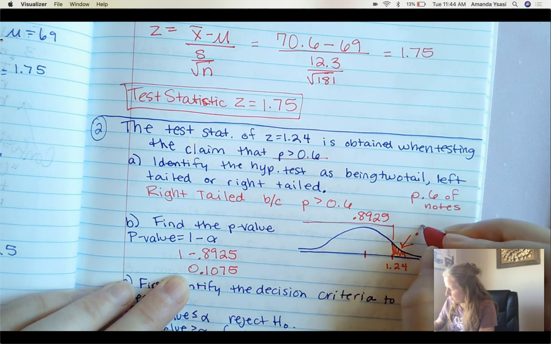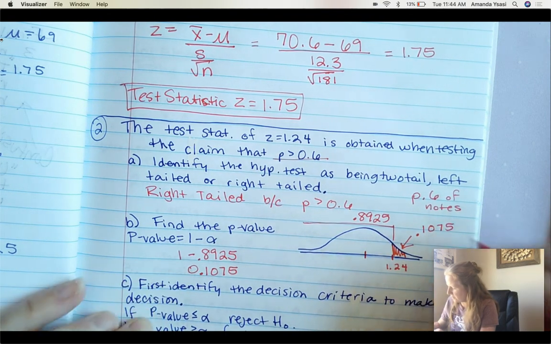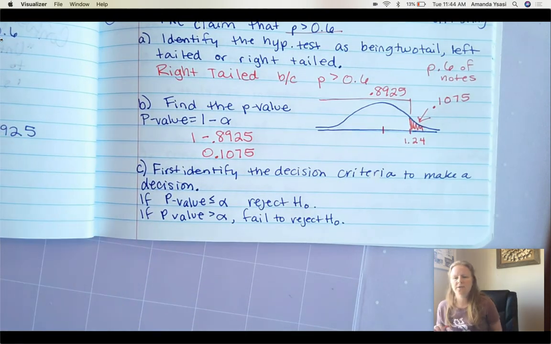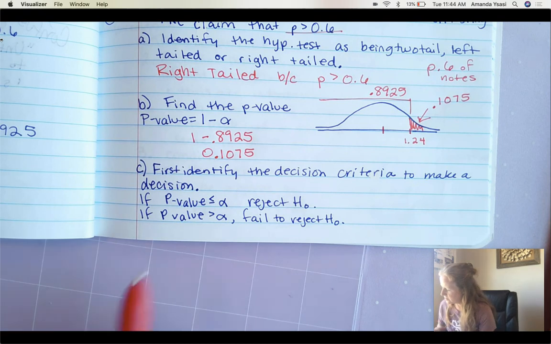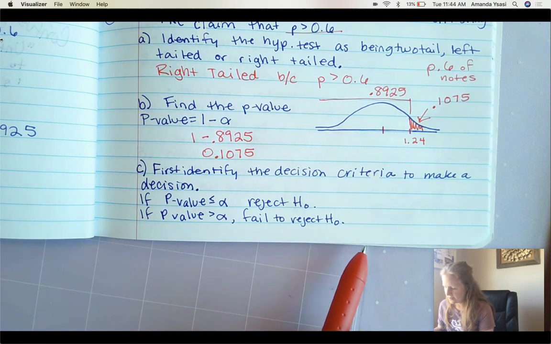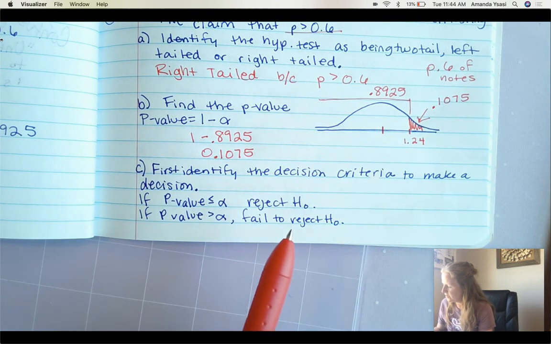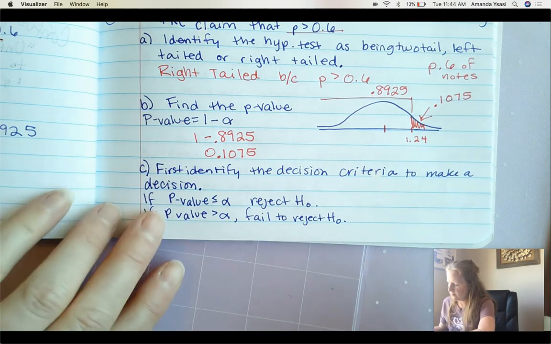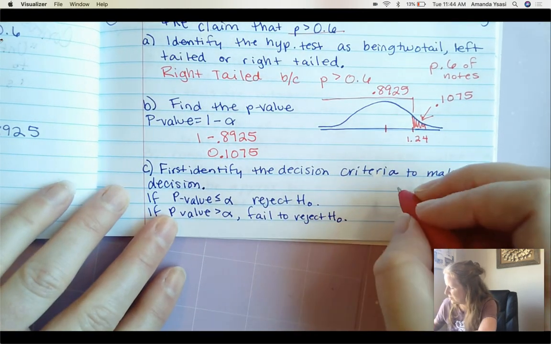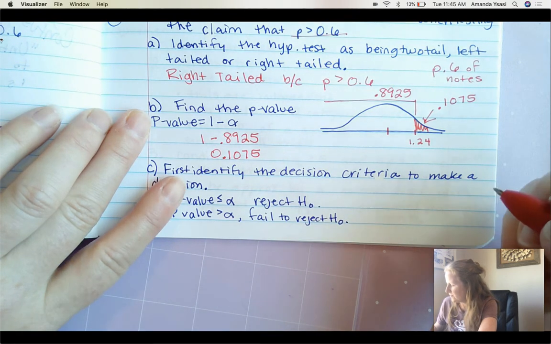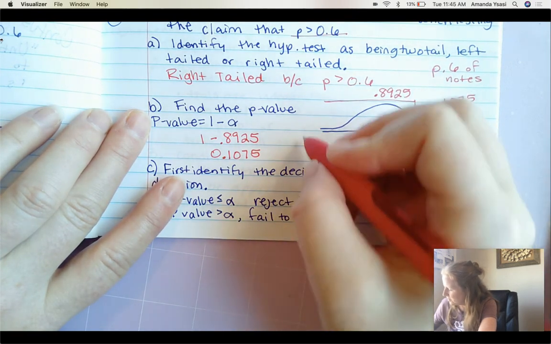So 0.1075. And then identify the decision criterion to make a decision. Are we going to reject or fail to reject? So if we are using our critical value, don't we want to use alpha to be 0.05?